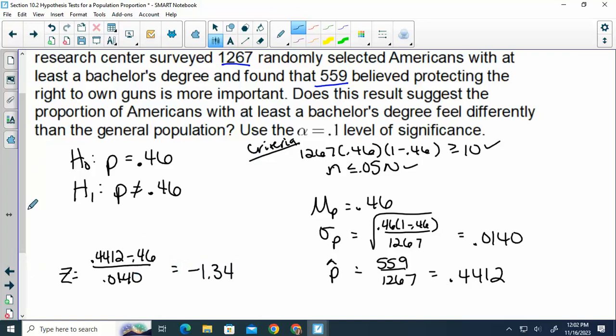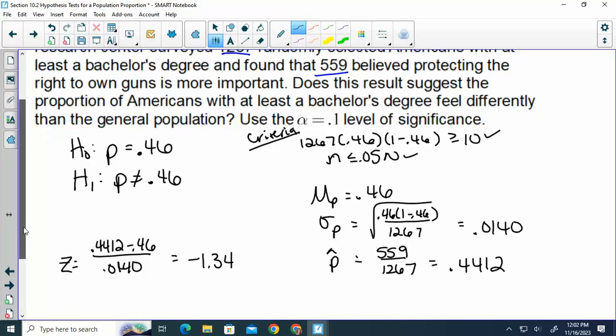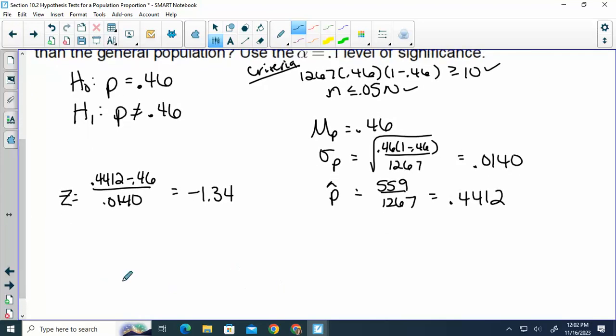We get negative 1.34. Alright, this one is a little bit different because of my alternative hypothesis.